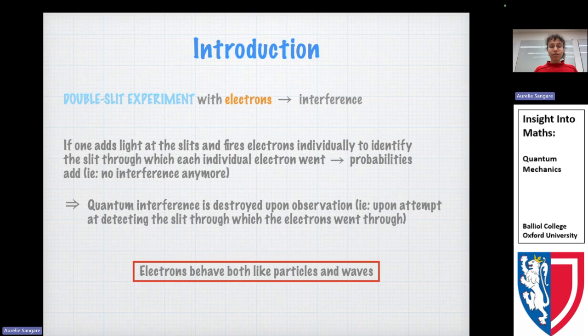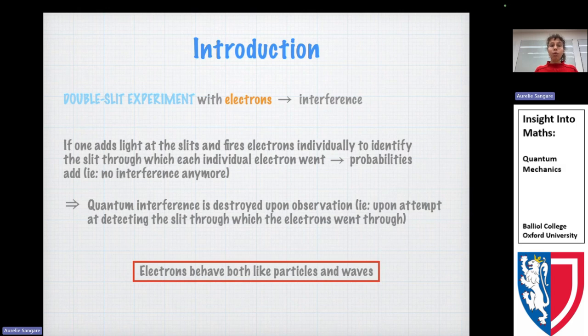And we put light at the slit to identify through which slit the electrons went, then what we observe is that the probabilities add. So we don't have any interference anymore. So now the probabilities add, meaning that your electron did indeed only go either through slit 1 or through slit 2, but not through both at the same time.